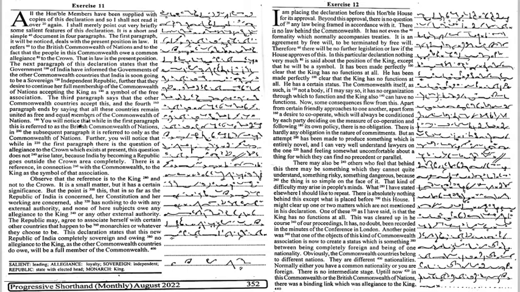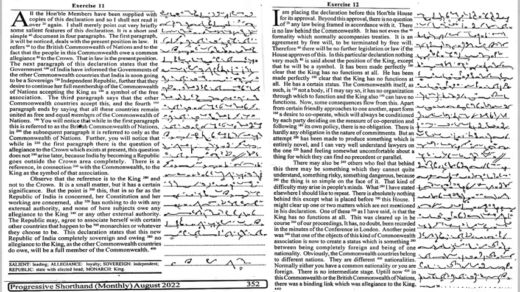Further, you will notice that while in the first paragraph there is the question of allegiance to the crown which exists at present, this question does not arise later because India, by becoming a republic, goes outside the crown area completely. There is a reference in connection with the Commonwealth to the king as the symbol of that association.